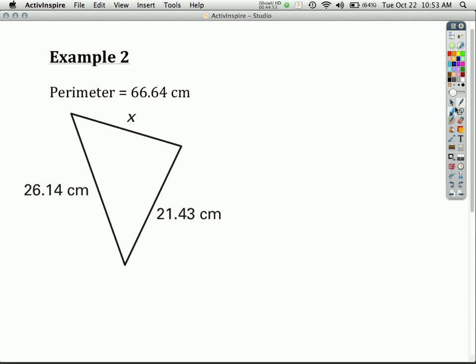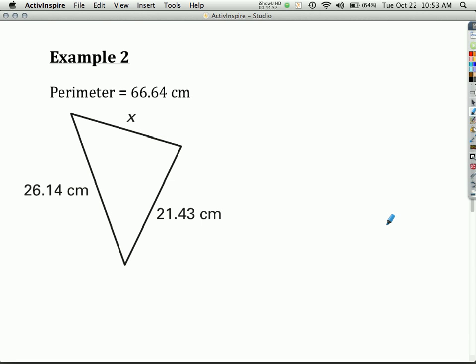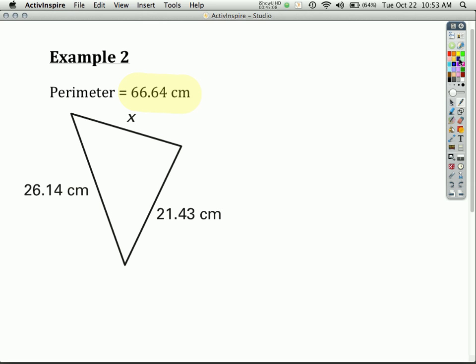Is there a total in this question? Raise your hand if you think you know what it is. Gloria? Yeah. The total is this number here. So why is that so important?